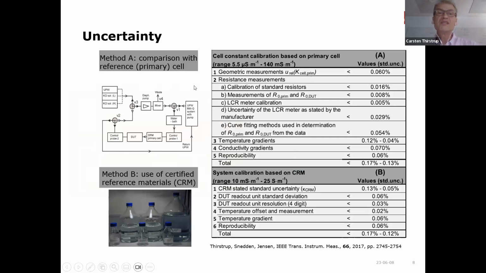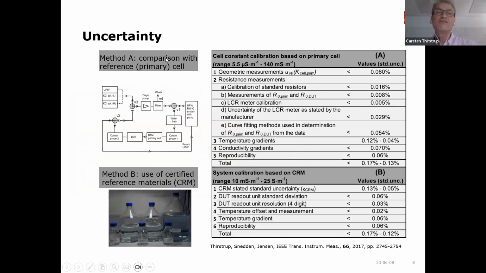As I said before, the closed flow loop system is normally used at low conductivity levels, and at higher conductivity levels, we normally use certified reference material to calibrate the sensors.